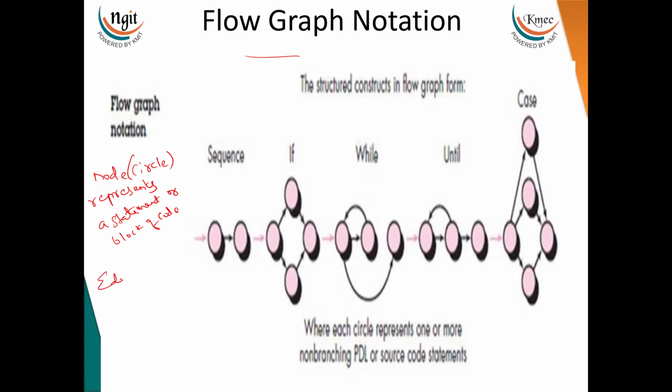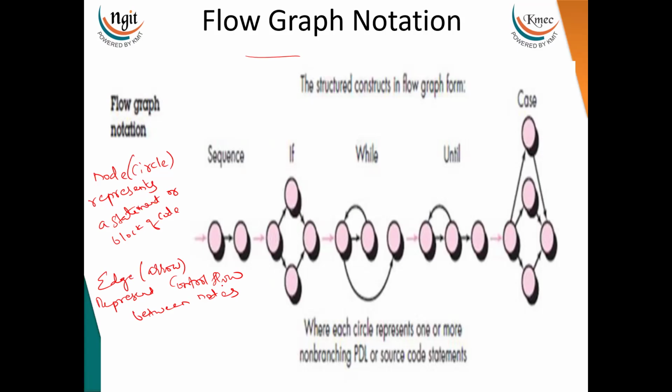Then an edge is represented by arrows. What does it do? This will represent the control flow between the nodes. Clear?